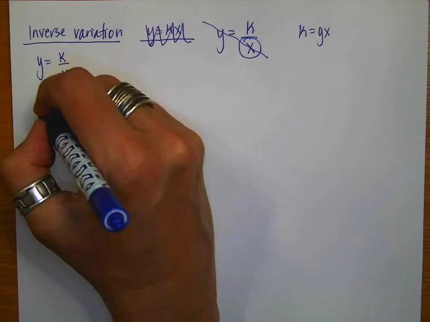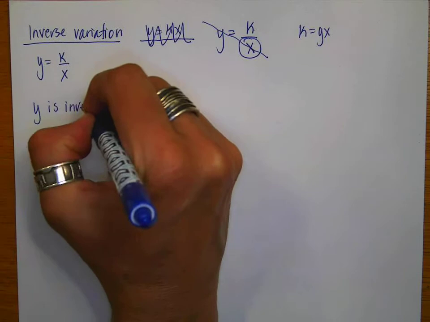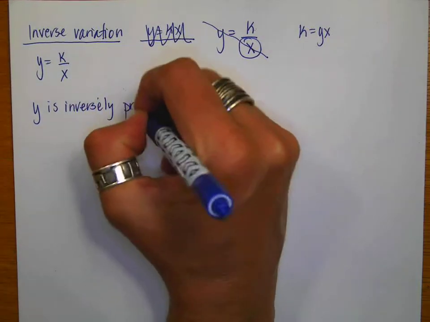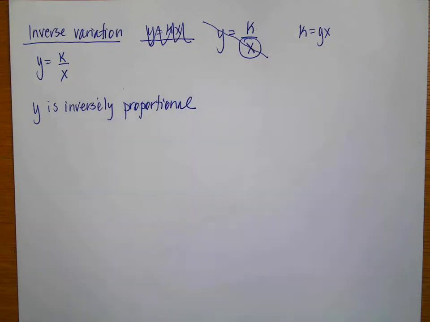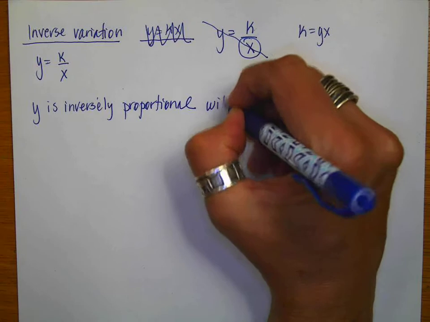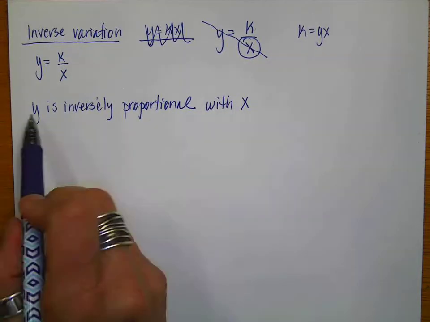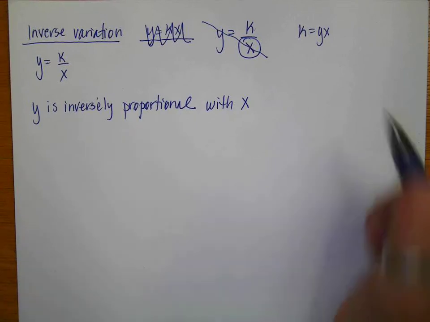Okay. The words that you would see on these types of problems, y is inversely, that's a hard word, proportional with x. So the words look just a little bit different with x. So we're going to do some examples, but y is inversely proportional.